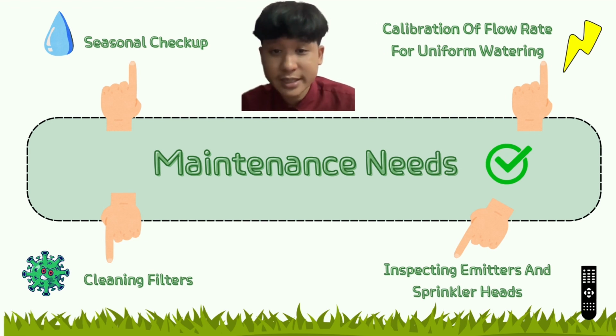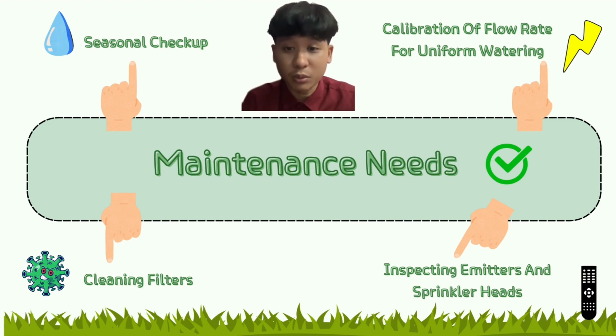For the emitters, check for any signs of clogging, damage, or improper water flow. If emitters are clogged, clean them using a small needle or replace them if necessary. For the sprinkler heads, inspect for cracks or blockage in the nozzles. Ensure they are spraying evenly across the area. Clear any debris that may have built up.